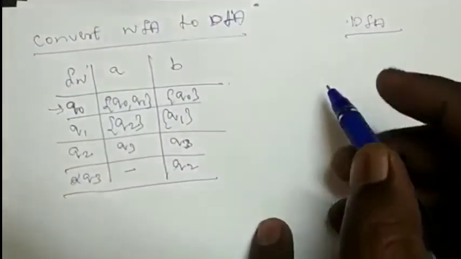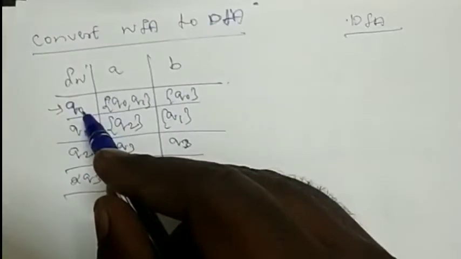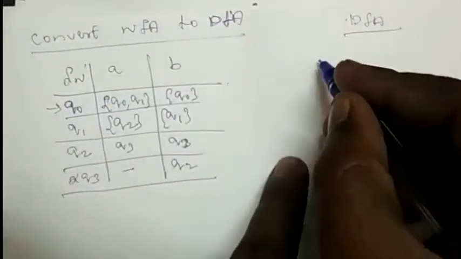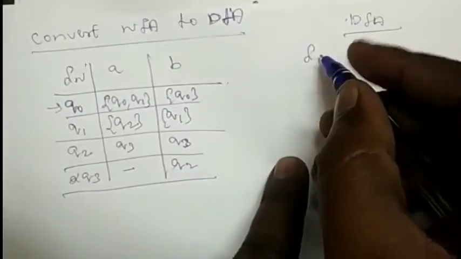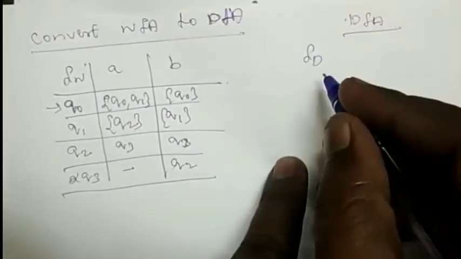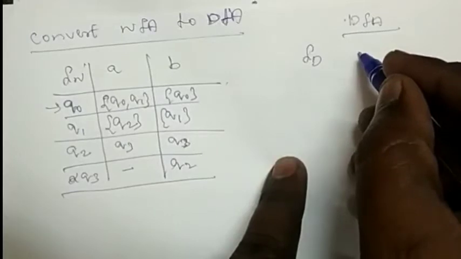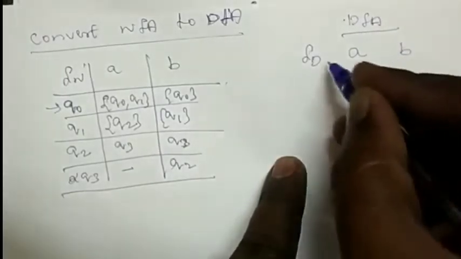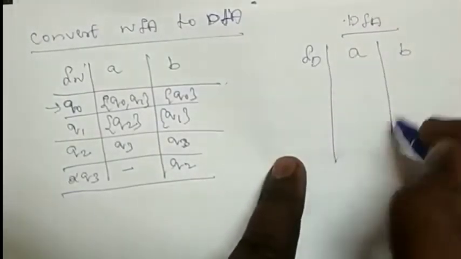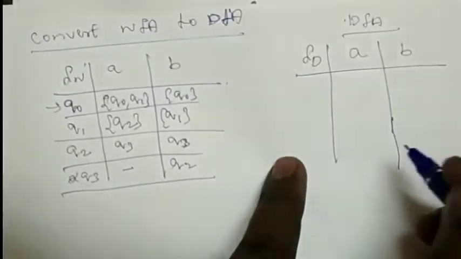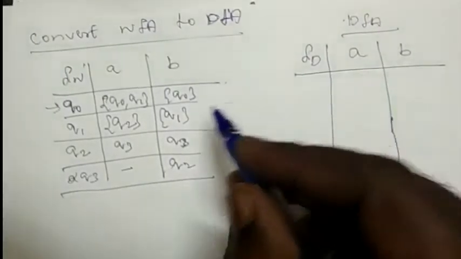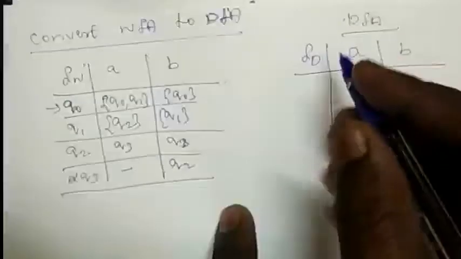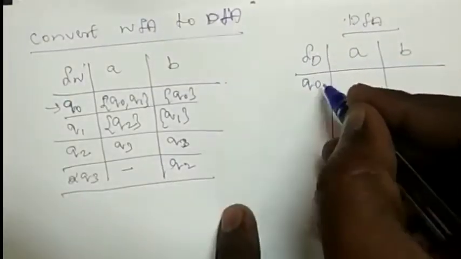In the DFA, you make the first entry the same as for the NFA. So what is the first entry? It is starting in the state Q0. So I make delta of D, which is the DFA, and I have two inputs, A and B. Now I take the first entry of NFA, which is Q0.